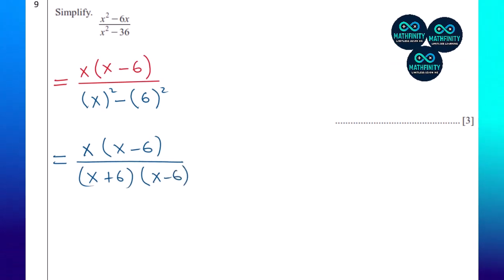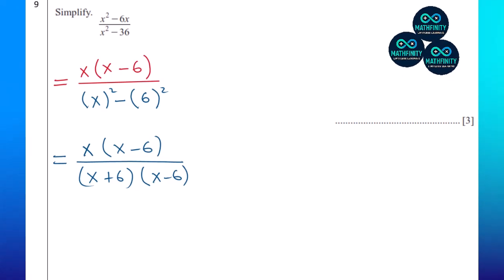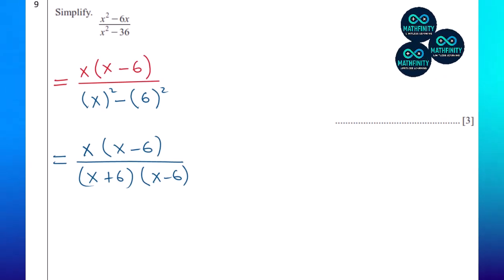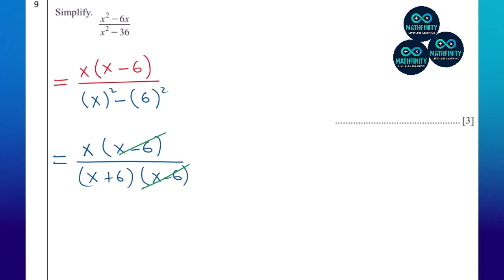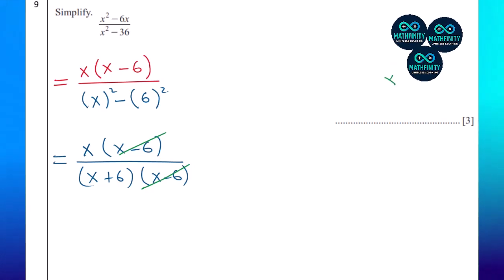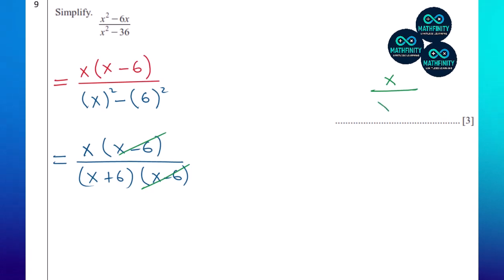Which factor can we cancel from the numerator and the denominator? The factors that have the same sign, same variable and same number, like x minus 6 and x minus 6, we can cancel. So what is left? That is the final answer: x over x plus 6.